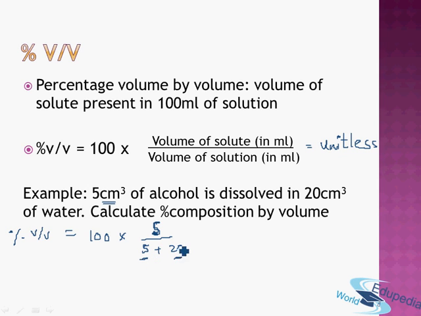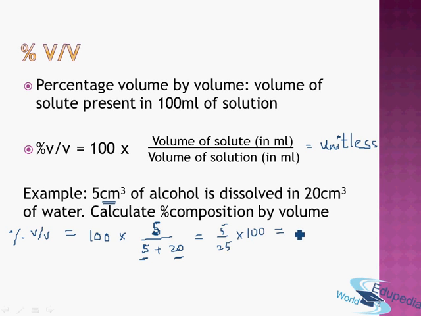Now you cannot neglect 5 with respect to 20. It is a big quantity; it is in fact 25% of 20. So what do I get? 5 divided by 25, into 100, and that will give me the answer.